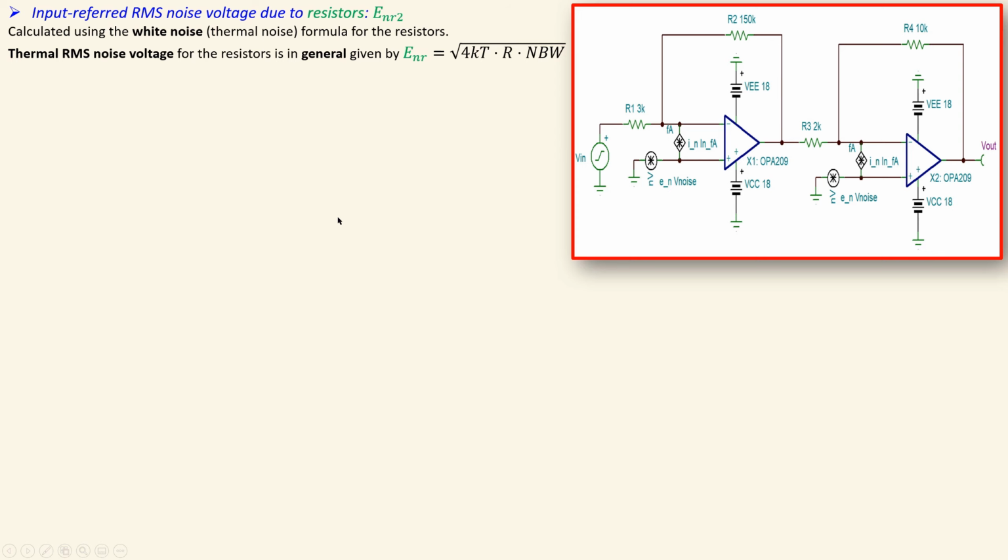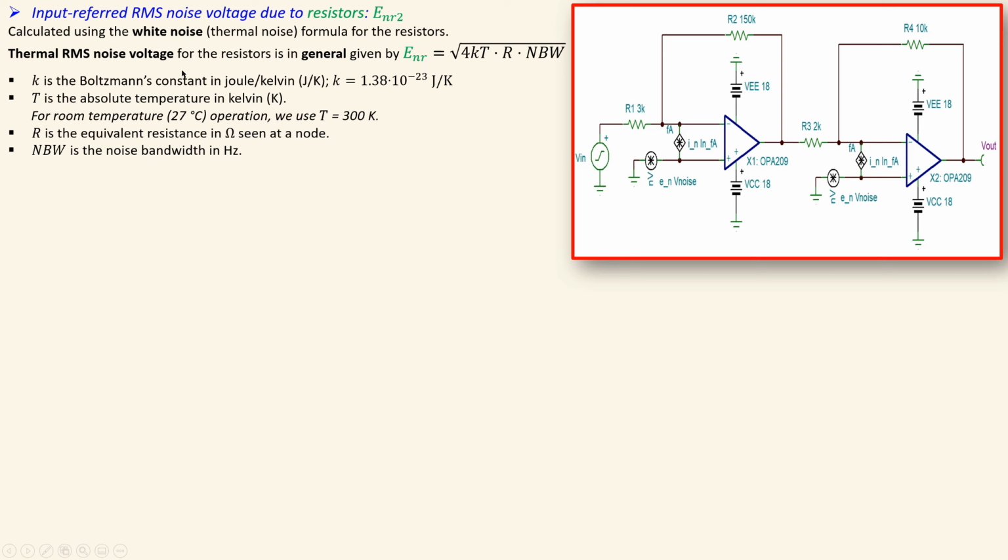Okay. Now, if I continue looking at the parameters, again, this is the Boltzmann's constant. We already discussed this. This is the temperature in kelvins, and we take for that 300 kelvins, which is approximately 27 degrees. And R is the equivalent resistance in ohms seen at the node, and this is the noise bandwidth of that part of the circuit.